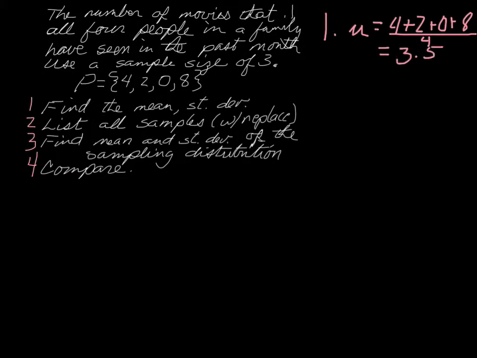Okay, so our next task then is we need to list all the samples. And when it comes to listing all the samples, that is actually the hardest task. So just to help us out here, I want to give an example. They also say list the samples without replacement.